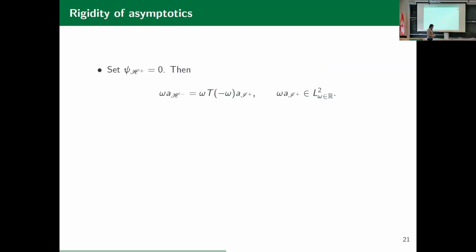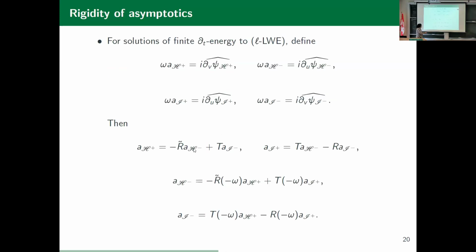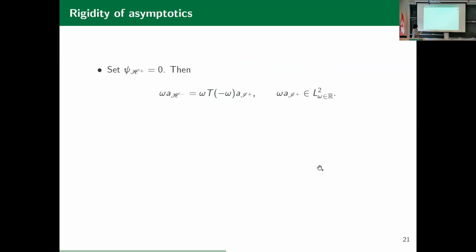Okay, so I'm going to start with the case when you have no radiation at the future event horizon. So let's set CH plus to be 0. Then by this relation here, omega AH minus is equal to omega T minus omega A scri plus.